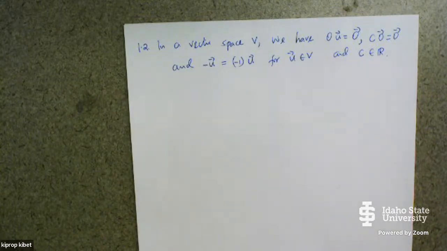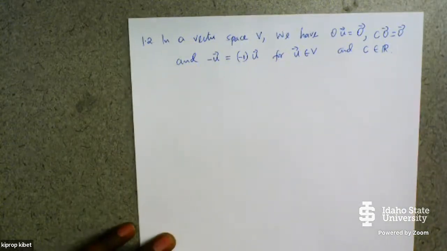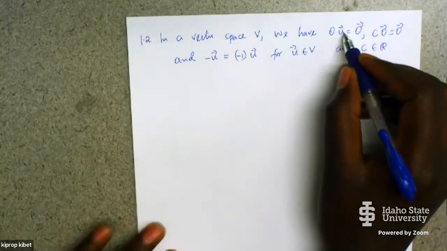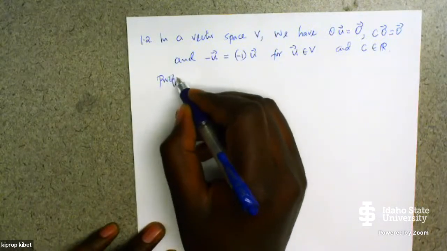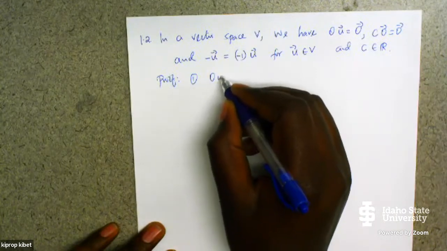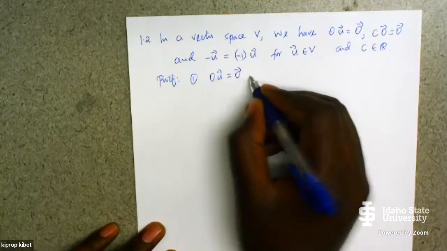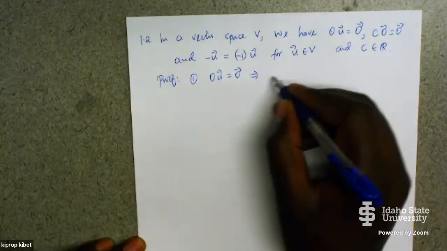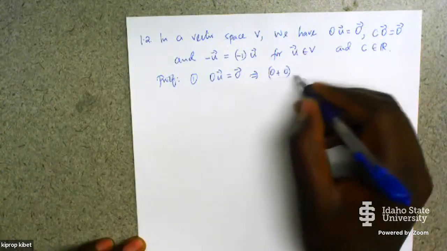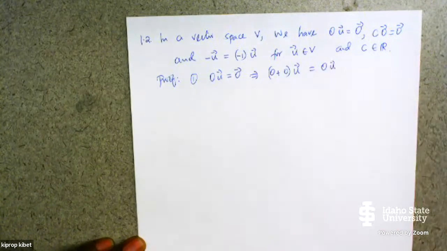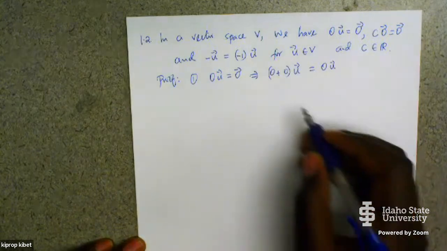So the proof is just very simple. You just prove it using the axioms. If you prove the first one, then we can prove this. So number one, 0 u equals the 0 vector. Then 0 plus 0, times u, is still the same as 0 u.